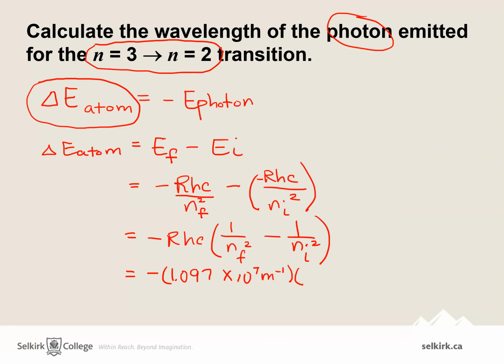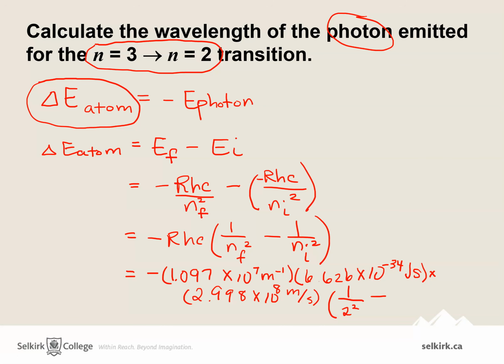Planck's constant h, 6.626 times 10 to the negative 34 joules times seconds, times the speed of light c, 2.998 times 10 to the 8th meters per second, times 1 over n final squared. Well, this was the 3 to 2 transition. It ends up in energy level 2. Minus 1 over n initial squared. It started in energy level 3.